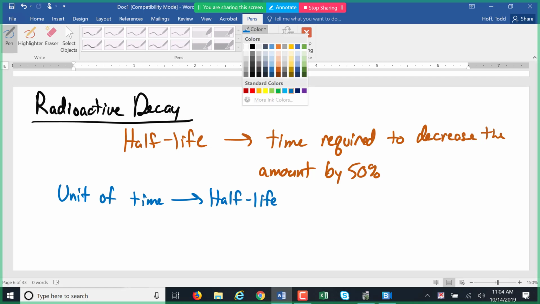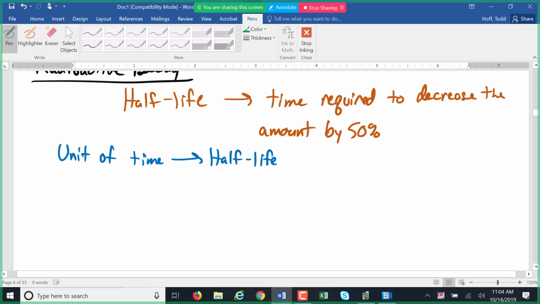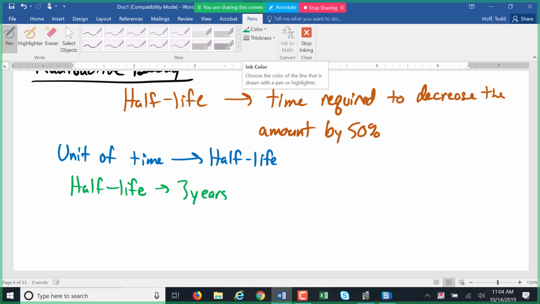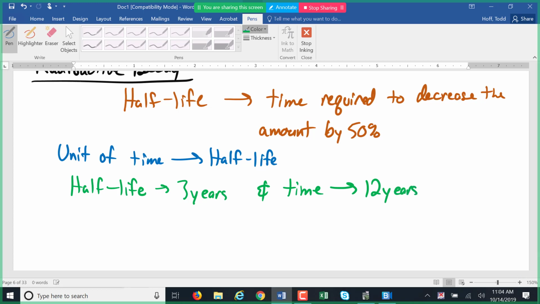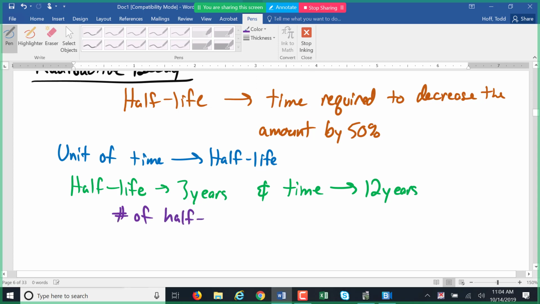So if I know that the half-life of a given substance is 3 years, and the time that I'm letting it sit is 12 years, the number of half-lives is found by taking t divided by that half-life. 12 divided by 3 is 4 half-lives.